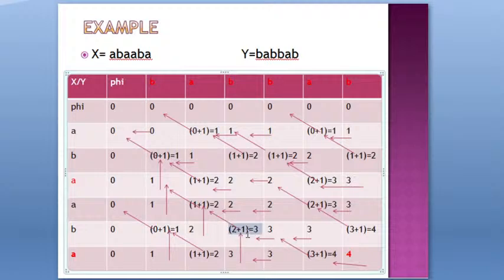Again from this cell I get one diagonal arrow. That means I will take the second element, which is B. Immediately take the corresponding character from where you get your diagonal element, that is B. So I change the color to B.